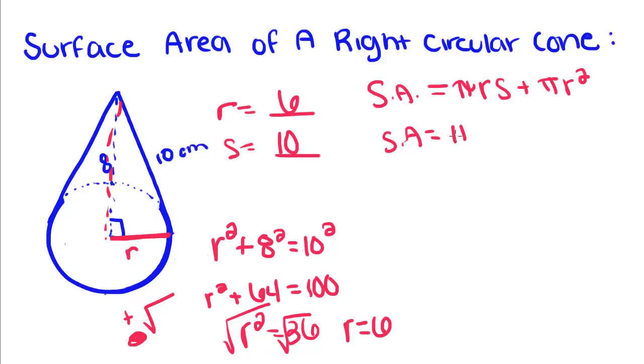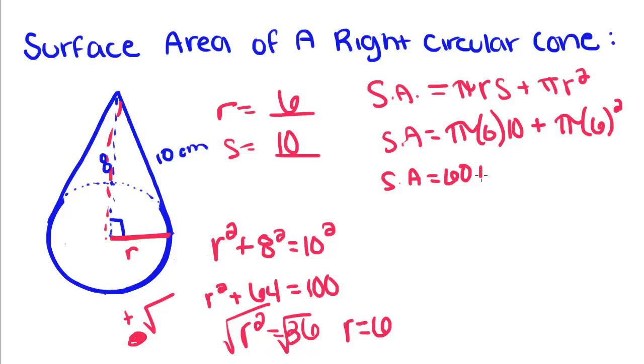So pi r, which is 6, times s, which is 10, plus pi r squared. So surface area is equal to 6 times 10, which is 60 pi, plus 6 squared, which is 36, so 36 pi. So our final answer is 96 pi centimeters squared.